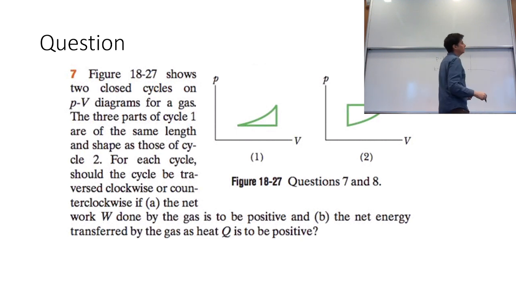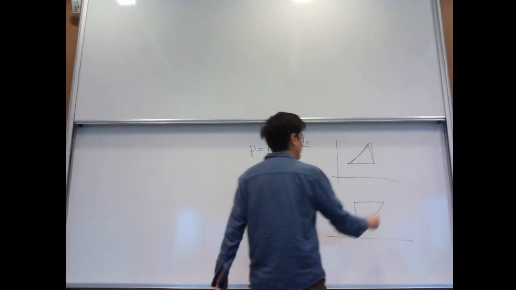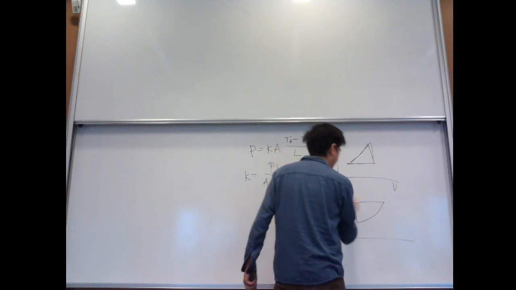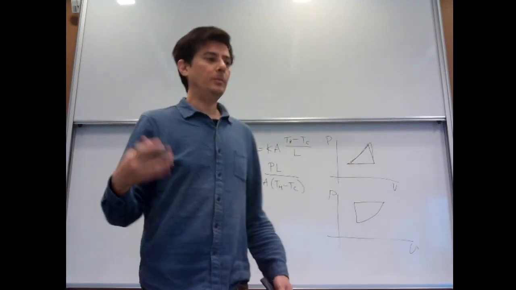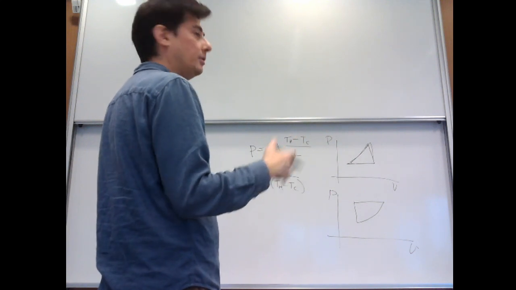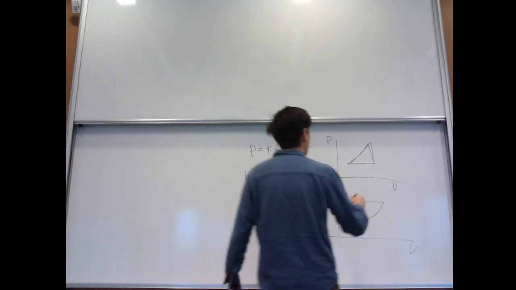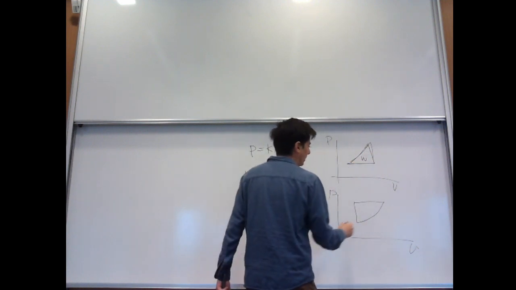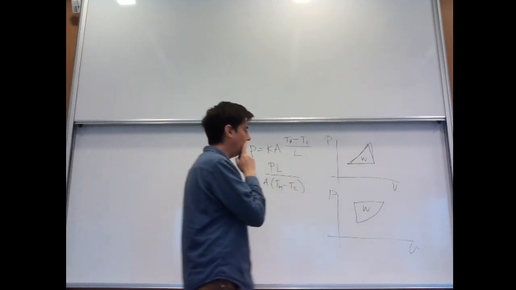So we've got two loops like this. Kind of looks like that. It's the first one. The second one looks like this. Okay. So as we learned before, the work done in a cycle like this is the area enclosed by the loop here, right?